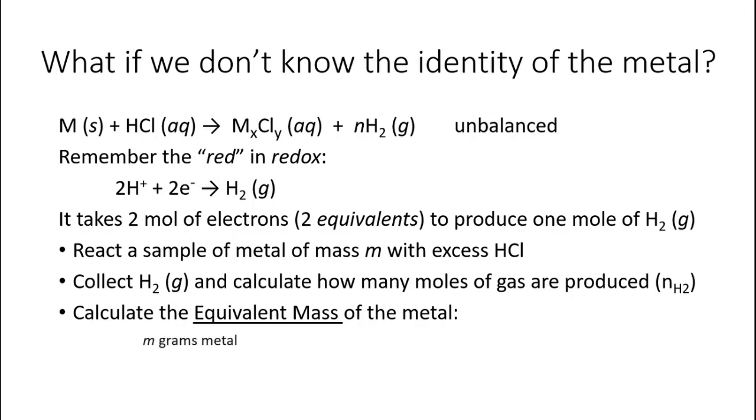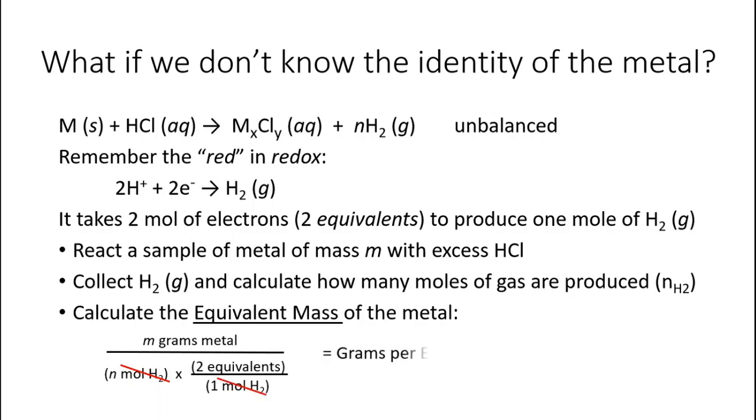All right, so if we have M grams of metal that have produced, let's say, N moles of hydrogen, and it takes 2 equivalents for every mole of hydrogen produced, the moles of hydrogen cancel out, and so we have the grams per equivalent of the metal.